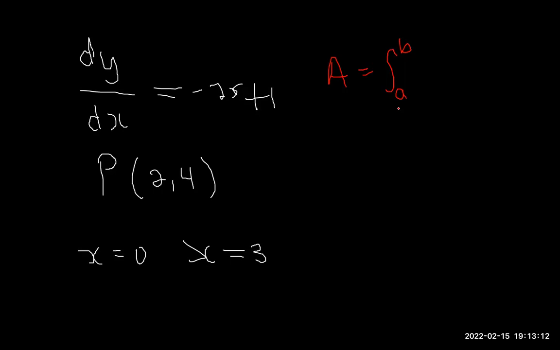Once you know the rules, you're good to go. When finding the area of a finite region, you always follow this formula: A is equal to the integral of f of x, where f of x is the equation of the curve, dx just means with respect to x. This is definite integration, so you must have your limits.